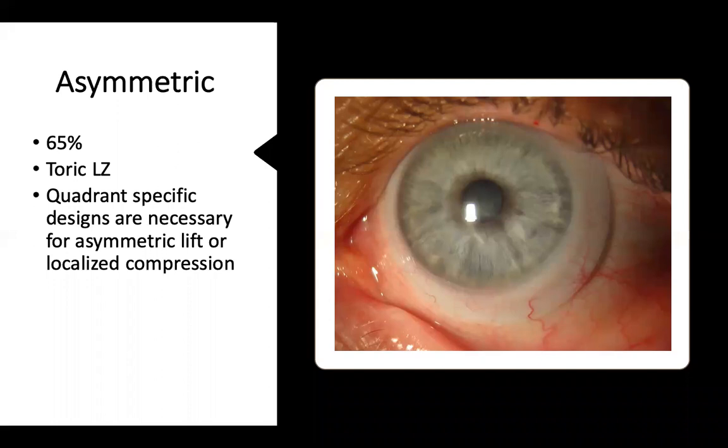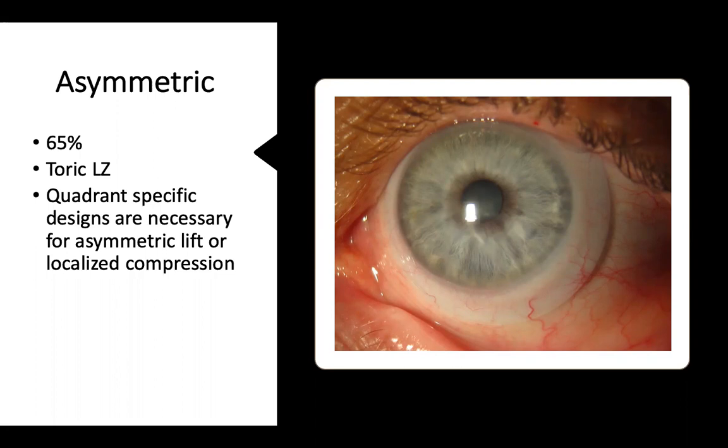Approximately 65% of eyes will be best fit with an asymmetric scleral lens back surface design. Aproximadamente el 65% de los ojos va a ser mejor adaptado con un lente asimétrico.